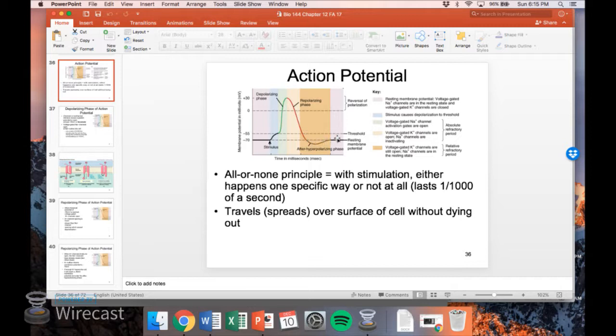And once we get back to this resting membrane potential, after we finish this after-hyperpolarizing phase, we go fully through the refractory period. Now if there is another graded potential that takes us up to the threshold, we could fire another action potential. However, if we give the cell another stimulus anywhere in this area, the cell cannot respond to another stimulus. It has already fired an action potential.